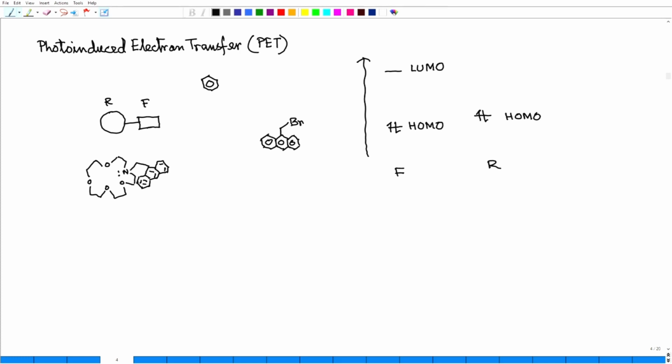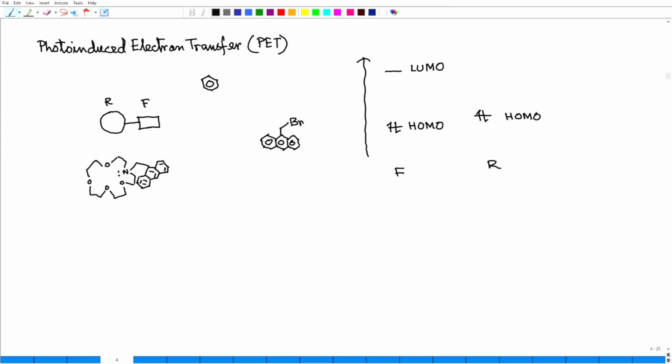Now, I excite my fluorophore. Since it is anthracene, I excite it at a particular wavelength. I am not telling any wavelength or numbers, they have no meaning now, but I will tell eventually.